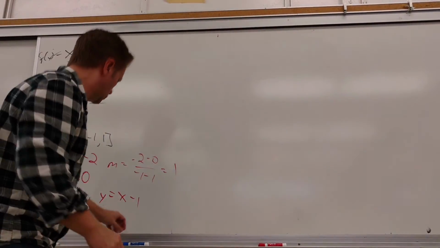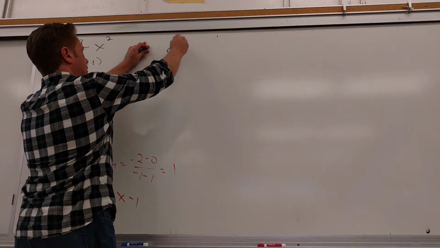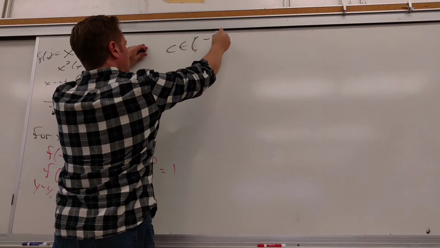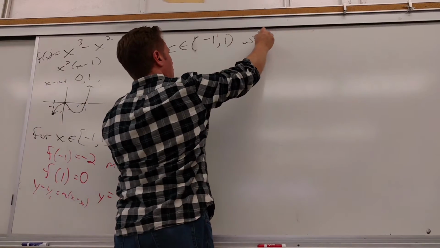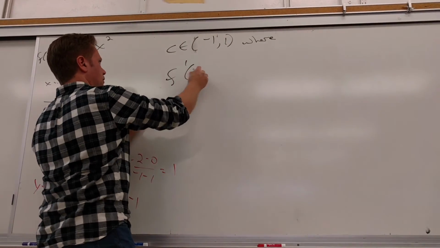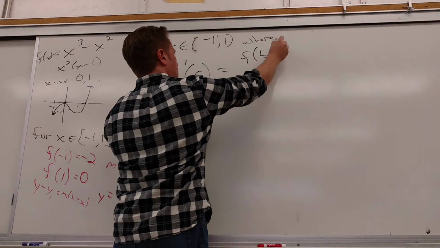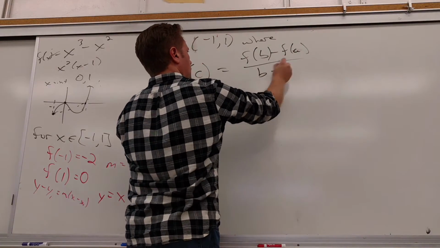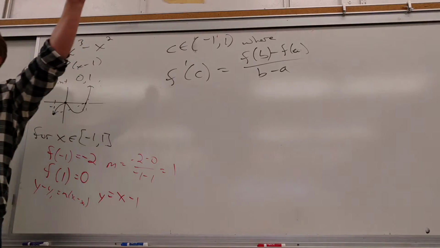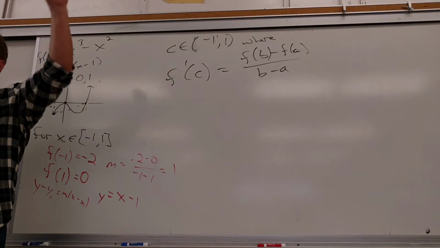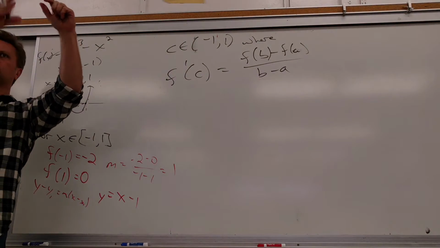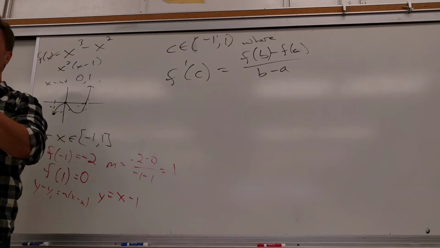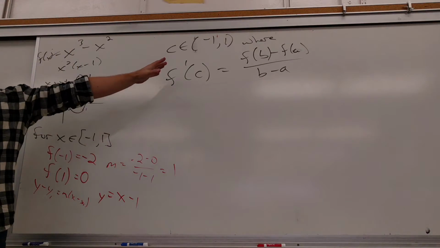So what I want to do is find a C, in this case, in -1 to 1, where the slope is equal to what the slope would be straight from A to B. So as the crow flies, it has to match the slope somewhere at least once, and there could be an infinite number of places. So this tells you exactly what to do.